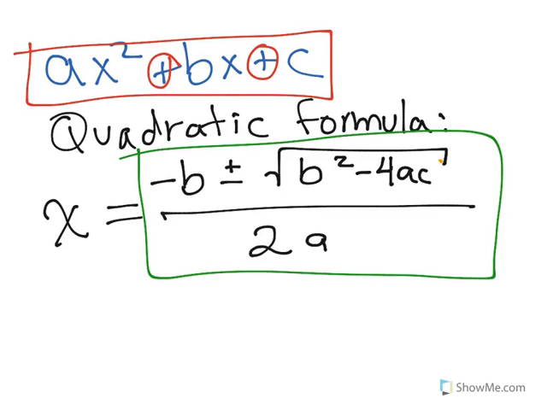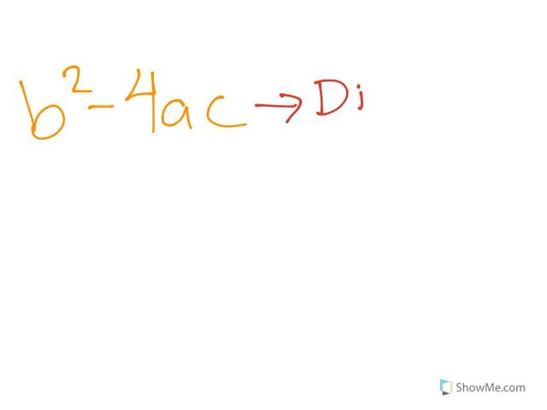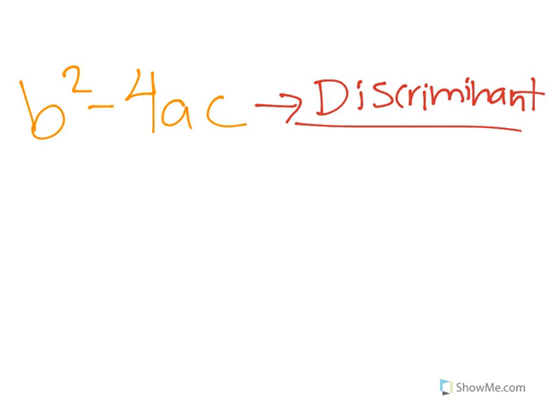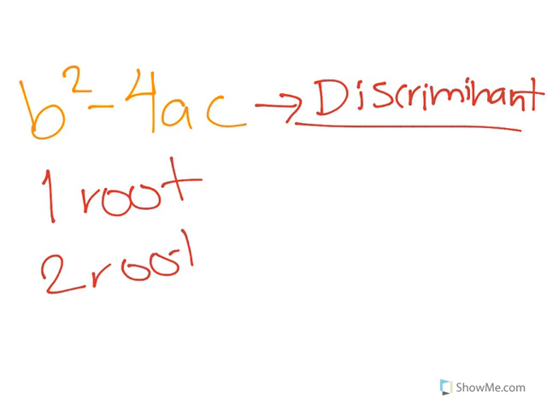But here is a very interesting term. b squared minus 4ac is called the discriminant. What the discriminant tells you is whether you will have one root, two roots, or imaginary roots.